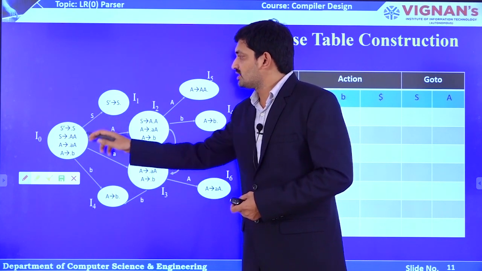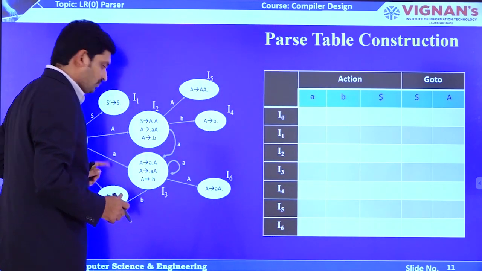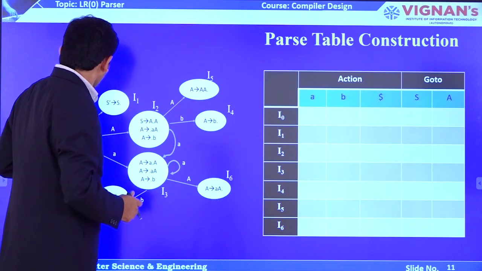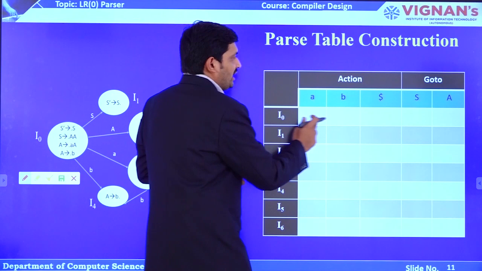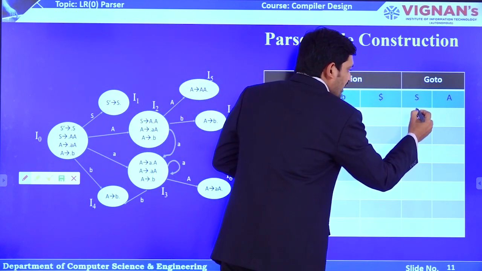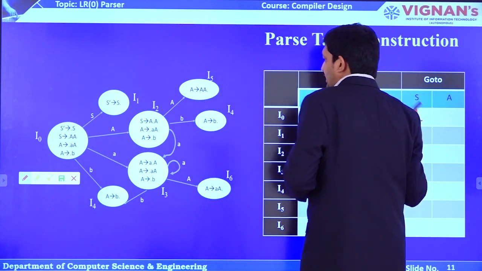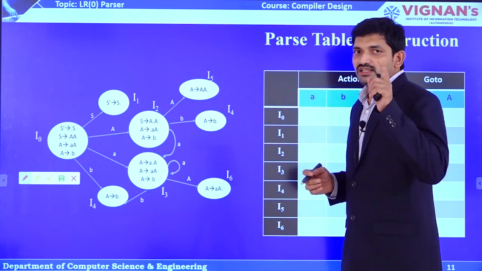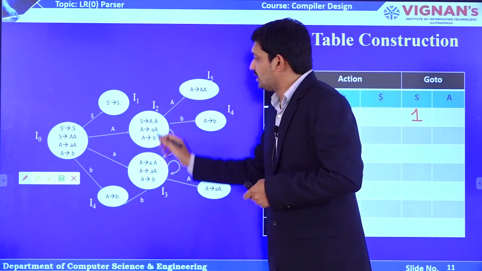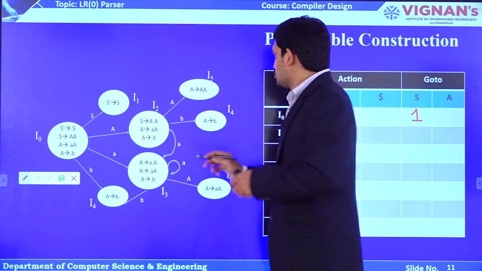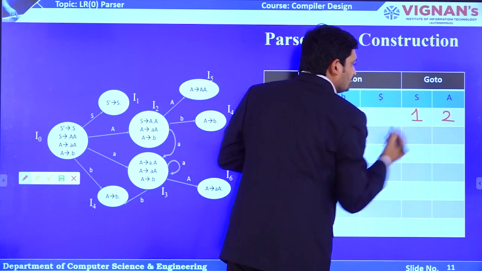So from I naught on capital S, it is moving to I1 state, so you have to write 1, which indicates that from I naught on capital S, we are moving to state number 1. Then from I naught on capital A, we are moving to I2 state. So from I naught on capital A, I have to write 2.